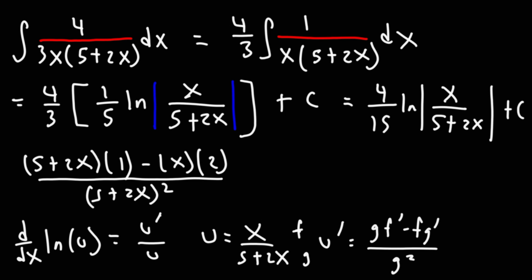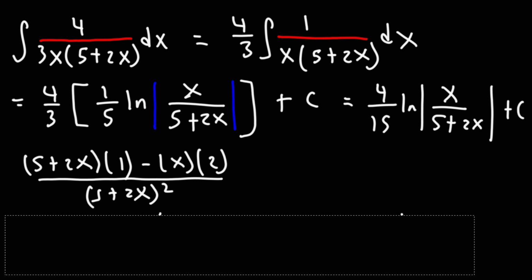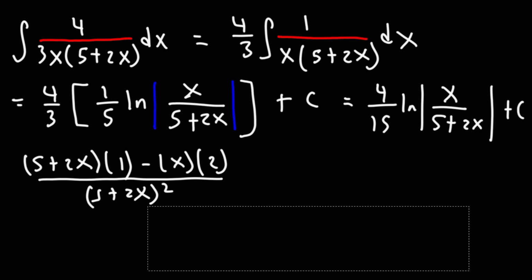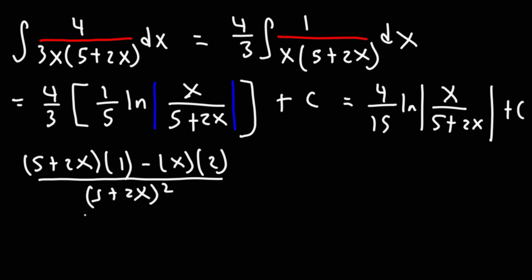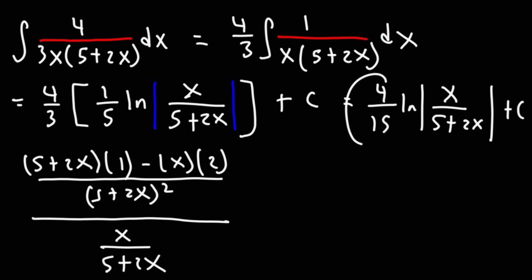Now we need to divide u prime by u. And u is, again, what we have on the inside. So let's divide all of this by u, which is x over 5 plus 2x. And we need to keep in mind that this is all multiplied by 4 over 15.